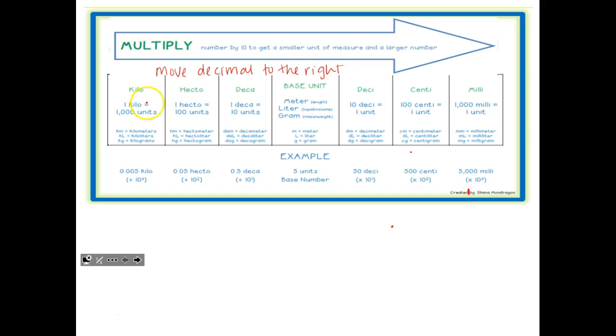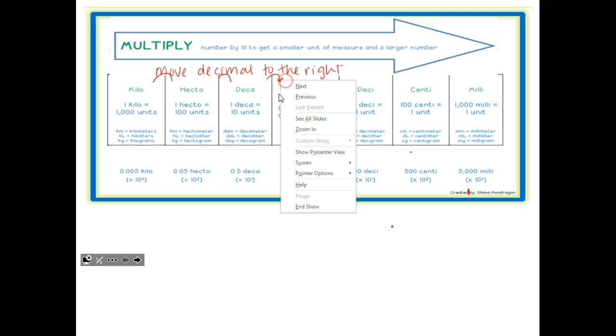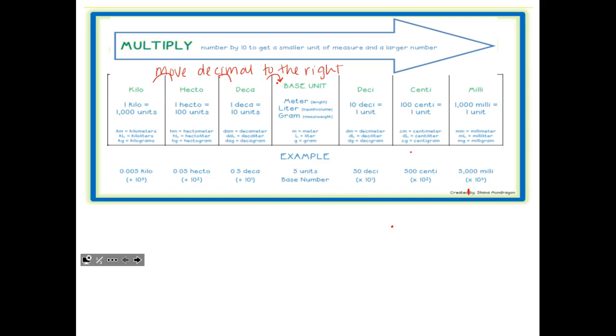So for example, if I'm going from kilo to the base unit, so if I'm converting a kilometer to a meter, I'm going to do 1 jump, 2 jumps, 3 jumps to get to my desired base unit. So that means move your decimal to the right 3 times.